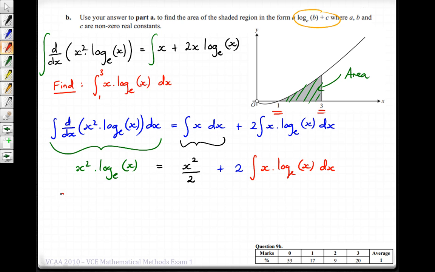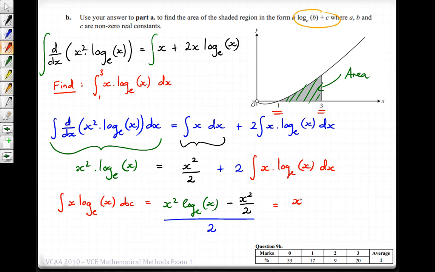So this integral x log e of x dx is equal to x squared log e of x, subtract away x squared on 2, and then divide the whole lot by that 2. So our very final answer for the red is going to be x squared on 2 log e of x minus x squared on 4.